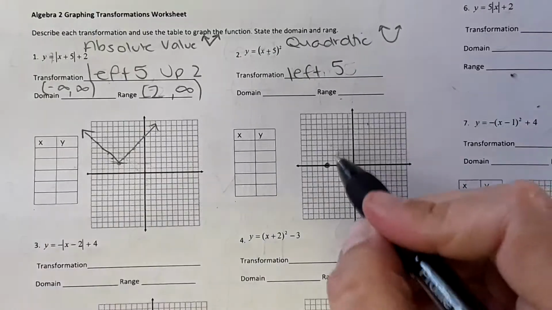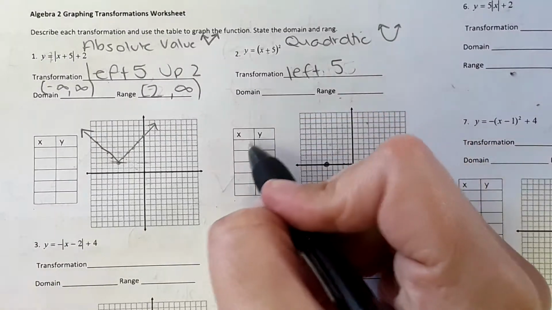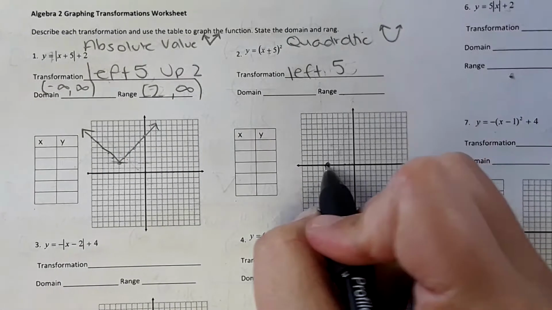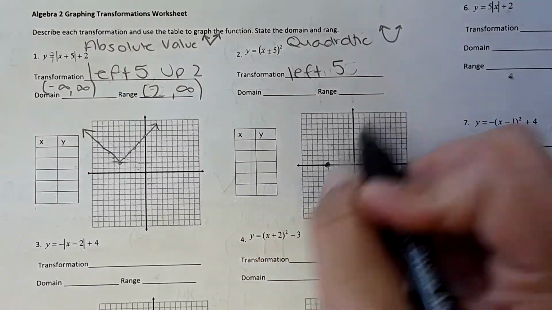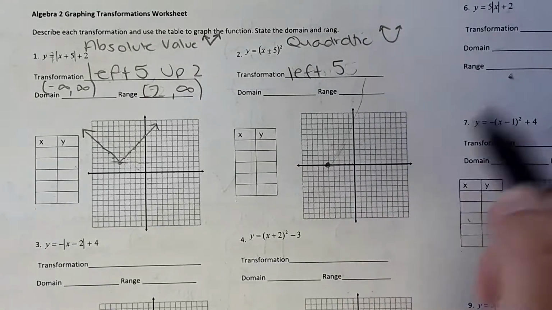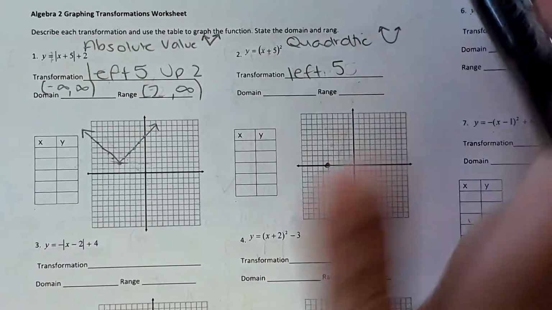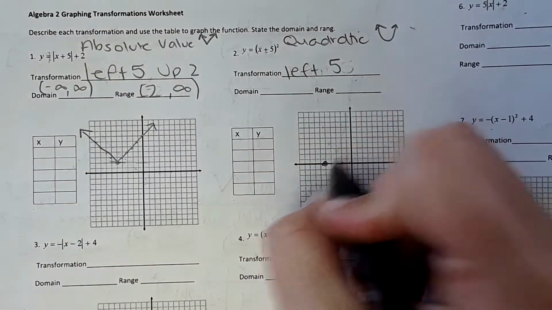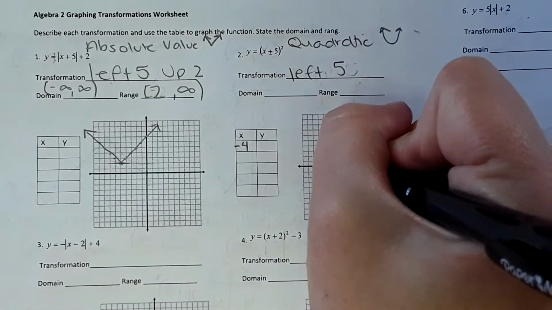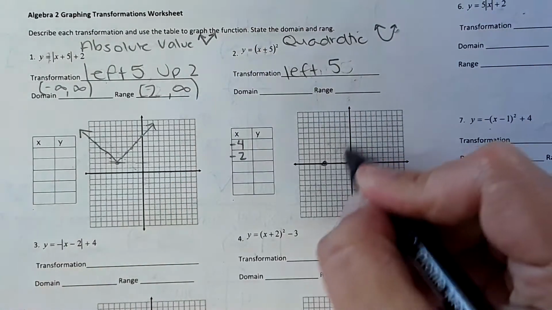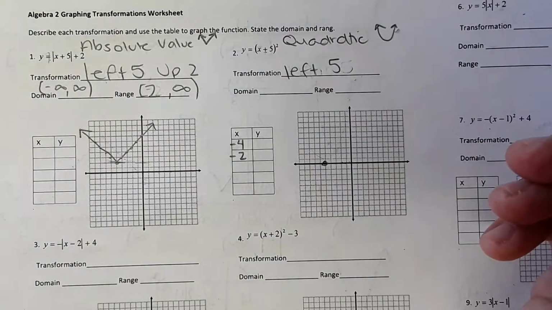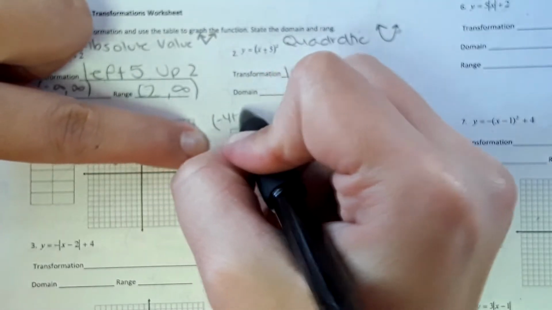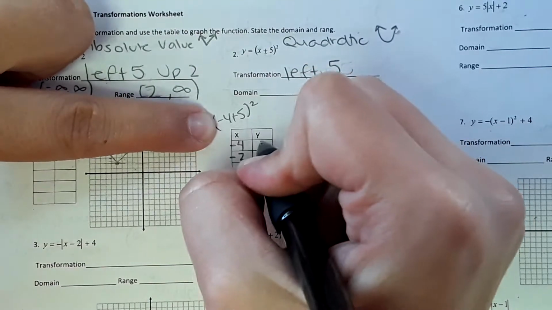Now as far as plotting our other points, the only way to do it is to solve for numbers, so we're going to use this function table. I recommend choosing numbers that are right around this point as far as x, because this goes up really fast, so if you don't choose numbers that are right there, it won't fit on the graph. If this is at -5, then maybe -4, and maybe -2. Then I'll plug this in, -4 plus 5 squared, which would be 1.